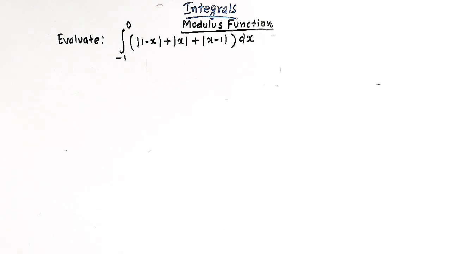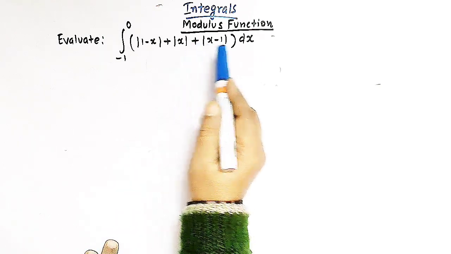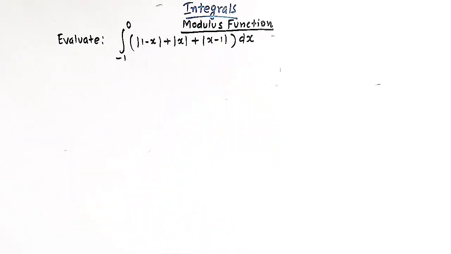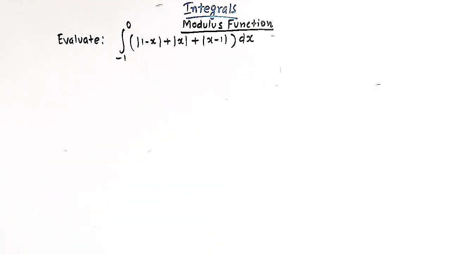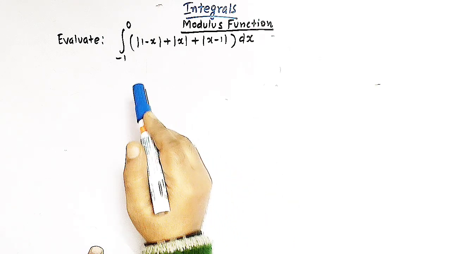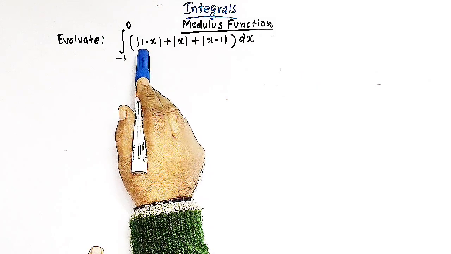the definition of mod function, right? So here the definition of mod function is going to play an important role in evaluation of this integral. So let us first see the definition of mod function, and then we'll apply the definition to this integral.